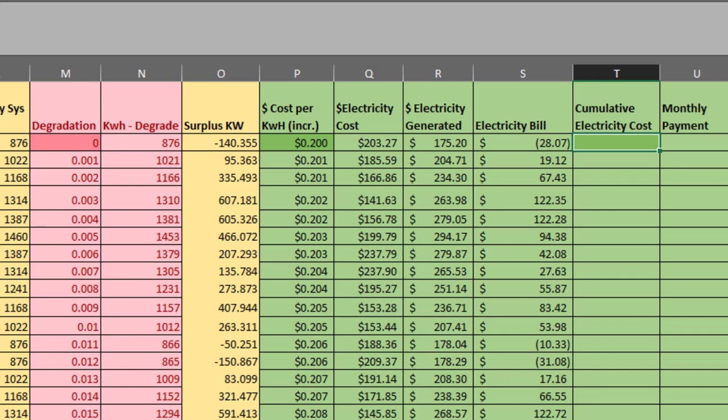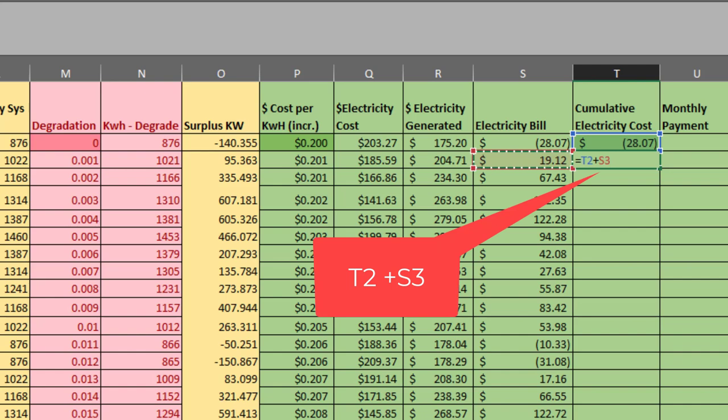It's nice to see the cumulative electricity costs. How much in total did we pay over the years? The first month it cost us $28, but subsequent to that we have to reference our first month and add to it the cost of our second month.